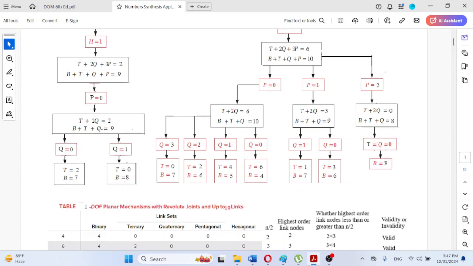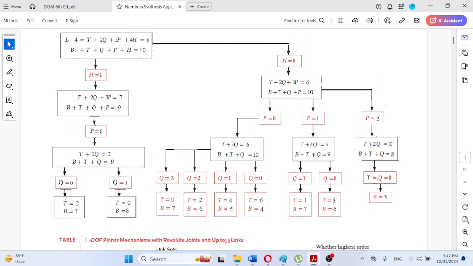So the lower equation will give that q is equal to 0 and t is equal to 2, so 9 minus 2 will be 7, so binary links will be 7 and ternary links will be 2. So like this, one set will be obtained: binary 7, ternary 2 and hexagonal 1.